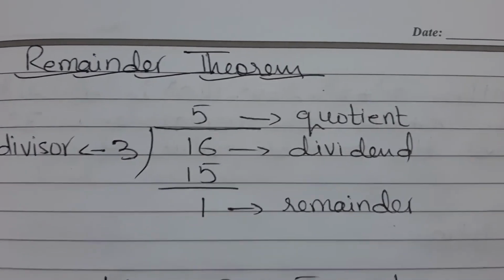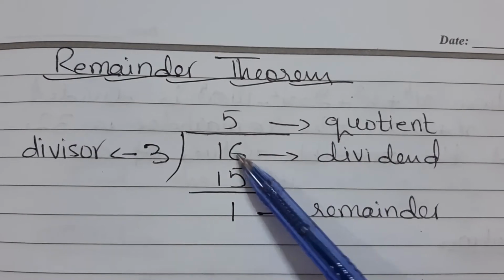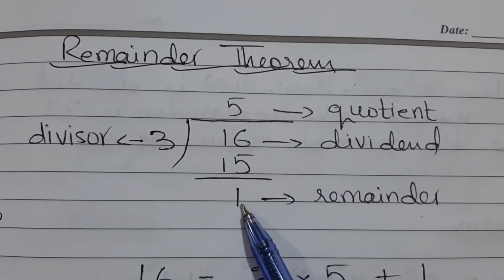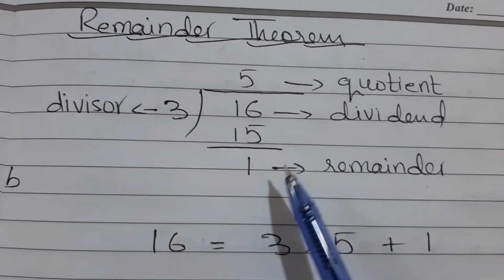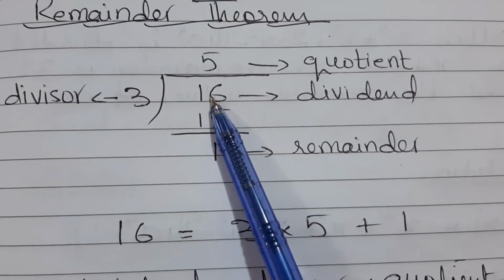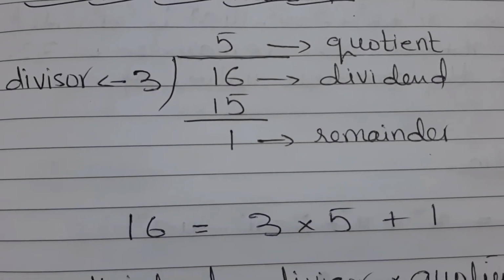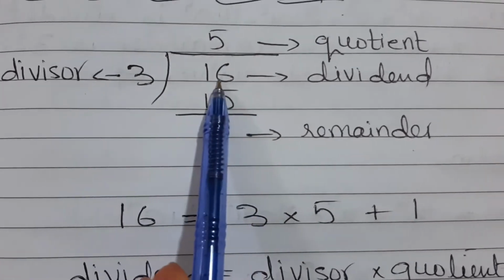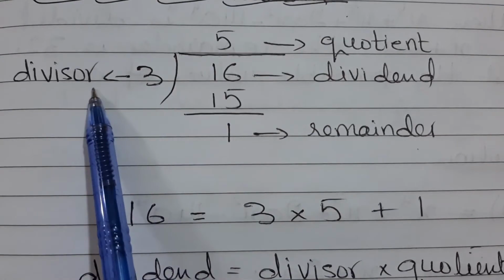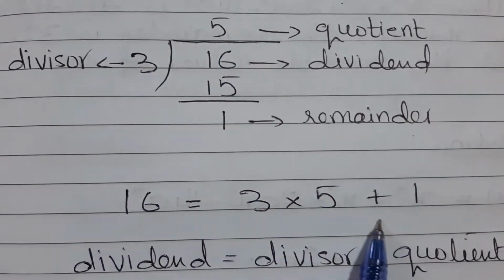Now you know from long division of numbers that this is your dividend, this is your divisor, this is called the quotient, and this is called the remainder, right? And from here there is one thing which is very important, and at times when tricky questions come, we need to understand or apply this concept. And what is that? 16 is equal to, that is, dividend is equal to divisor multiplied by quotient plus remainder: 3 into 4 plus remainder.